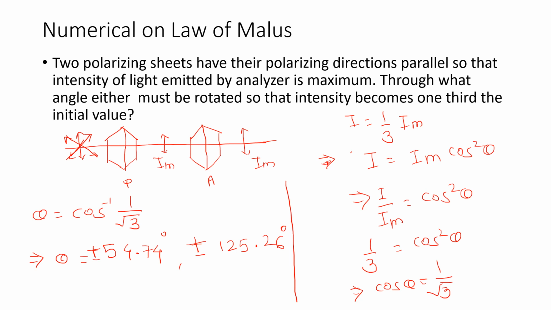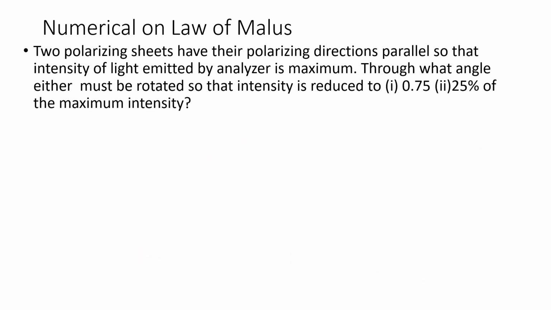So you will be able to solve the numericals with this. Let us solve one more numerical here on Malus law. Two polarizers are arranged such that their intensity is maximum. Through what angle either must be rotated so that the intensity is reduced to 0.75. So in this, first, I upon Im is given as 0.75.